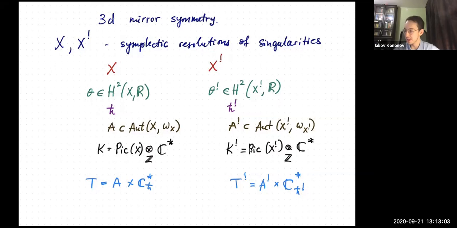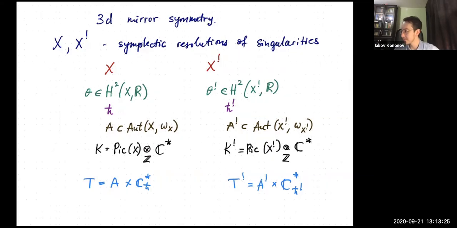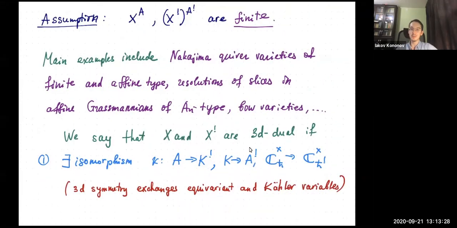Since we have to deal with Kähler variables as well, we introduce the Kähler torus, that is, the Picard group with coefficients in C star. And we denote the same data for the dual variety by the same letters with a factorial. Let's impose the following assumption, that the sets of fixed points of X and X factorial with respect to the corresponding tori are finite.